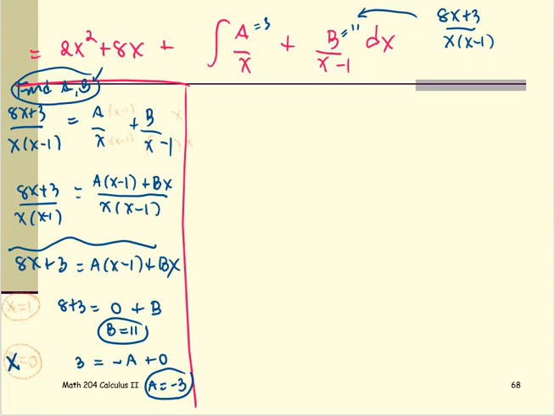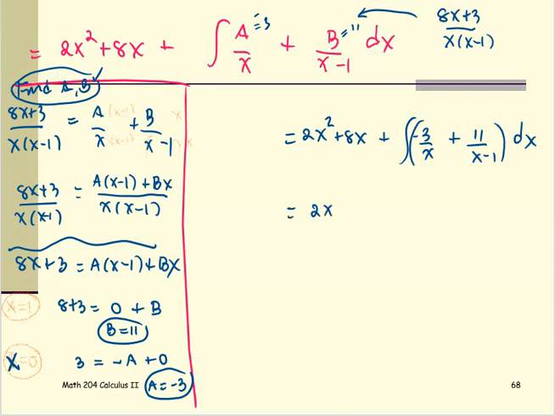So my integration now becomes 2x squared plus 8x plus the integral of negative 3 over x plus 11 over x minus 1 with respect to x. And then finish it up by finding the antiderivative of negative 3 over x, which is negative 3 times natural log of absolute value of x.